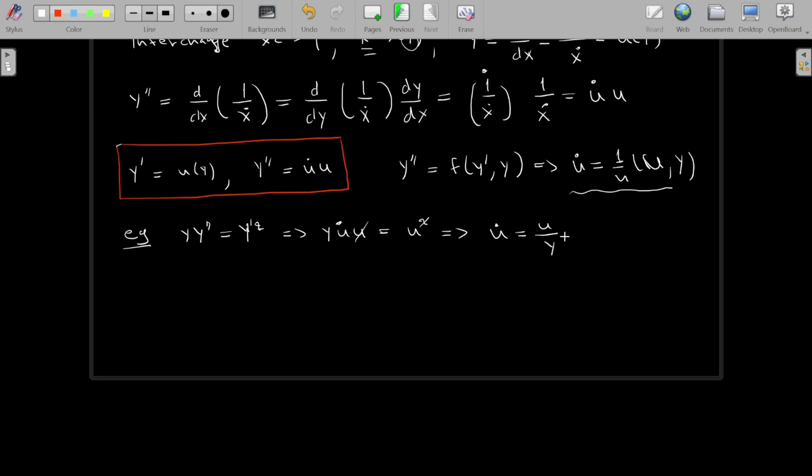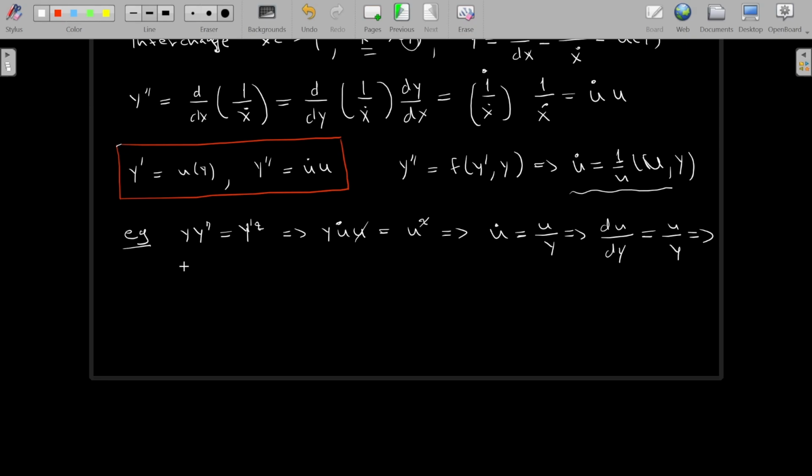And what is du/dy? It's a function of y. I'm going to say it again: du/dy is equal to u over y. This is just a separable differential equation, the easiest kind.